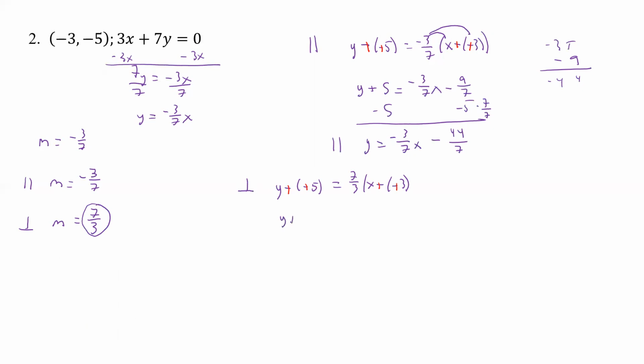And so we get y plus 5 equals, now we're distributing here, so 7 over 3x. 3's cancel, we just have plus 7. Now we subtract 5. So we get y equals 7 over 3 x, and then 7 minus 5 is 2. And so that's our line perpendicular to our original one through that point.